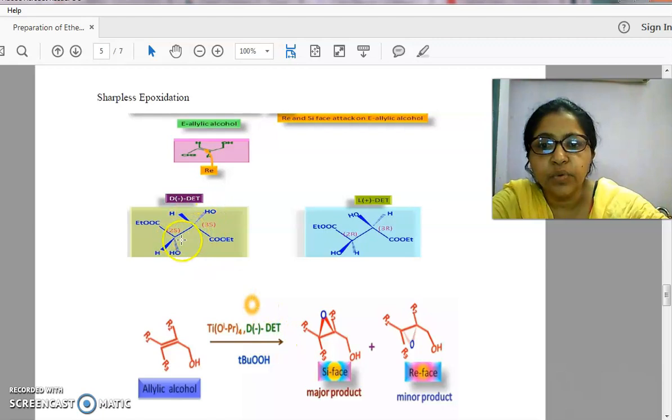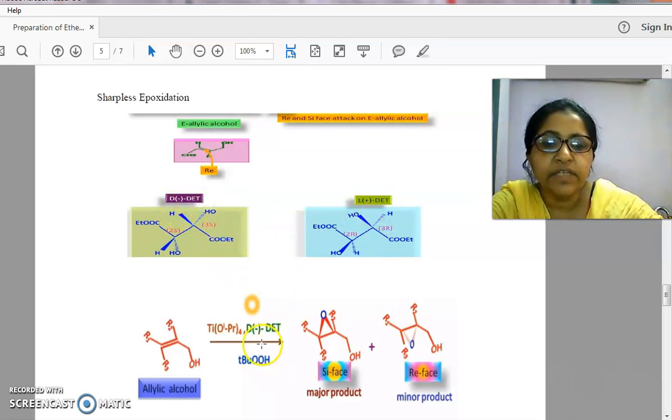Minus is when both the OH groups are on the back side, or you can say it is SS. When both the OH are on the front side, RR, it is called plus. So therefore it is also called LT. L means levo and D is dextro, so it is L-plus-DET and D-minus-DET.